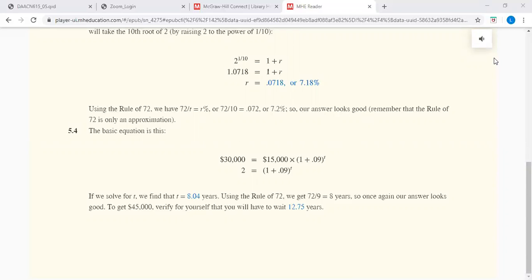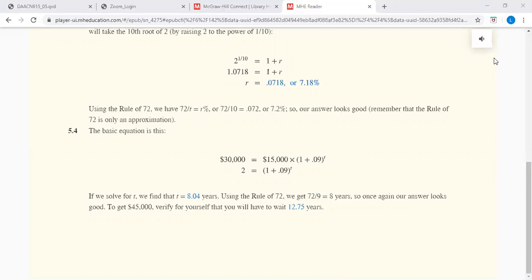Take the log of 3, and then take the log of 1.09, divide the 0.4771212547, that was the log of 3, by the 0.0374264979, the log of 1.09, and you'll get 12.75 years.